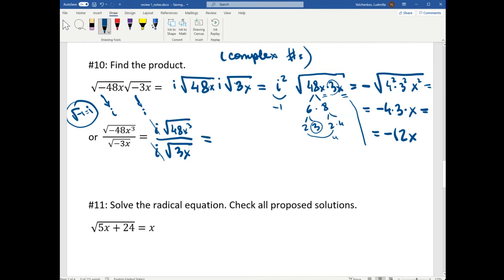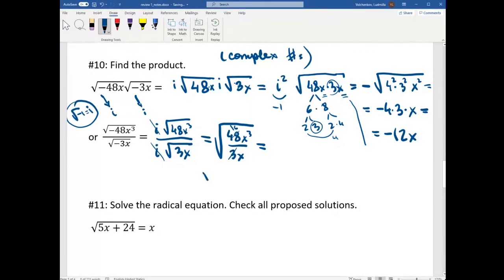Then we write these positive numbers, apply the quotient rule, and write them under the same square root: 48x cubed divided by 3x. Then we simplify. We can divide the numbers: 48 divided by 3 will be 16.